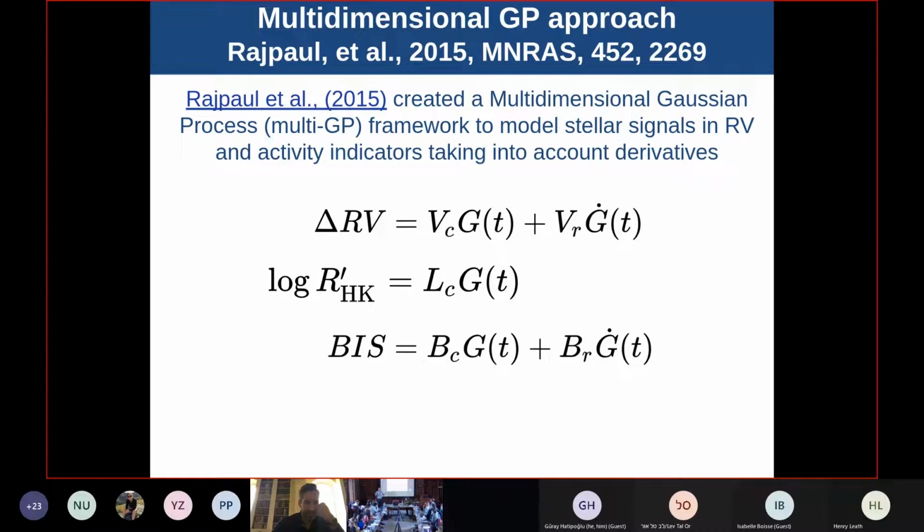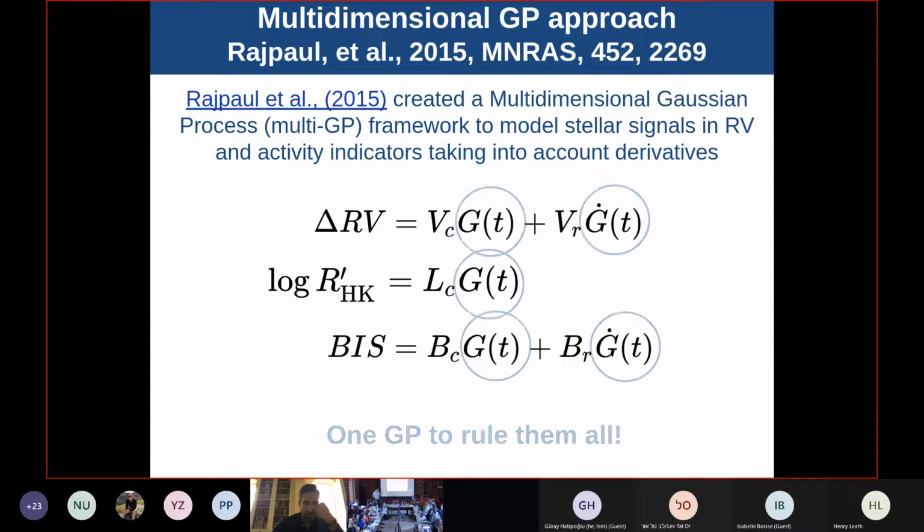This is the two ways in which you can imagine it without being afraid of not understanding Gaussian processes. It should not affect the outcome of this talk. So the big idea of this talk is to have one GP to rule all the time series, under the assumption that the relation between the stellar signal can be the same in the radial velocity and in some other activity indicators.